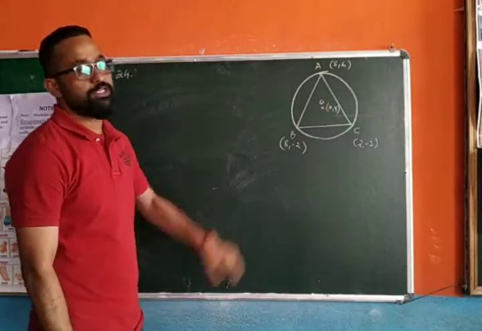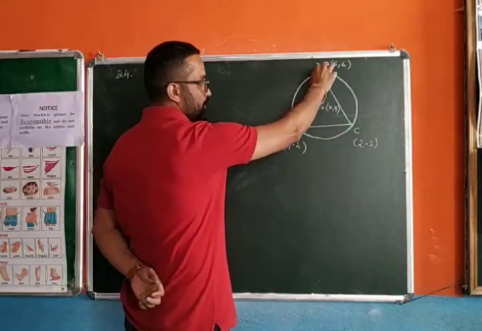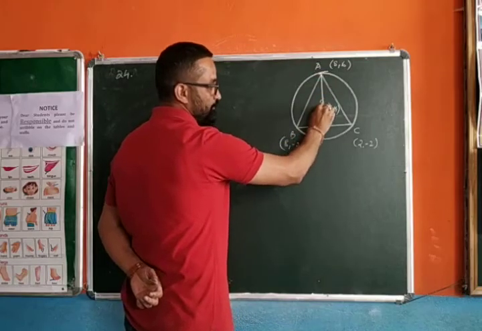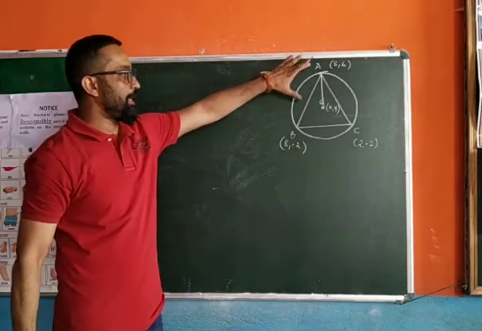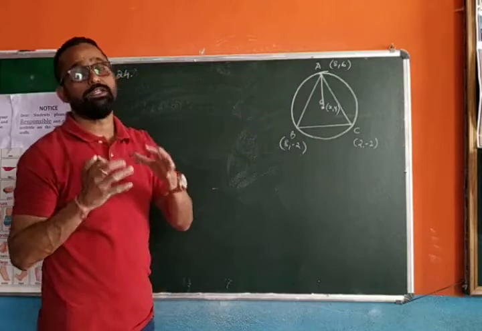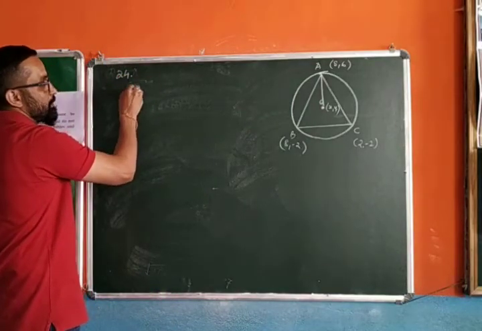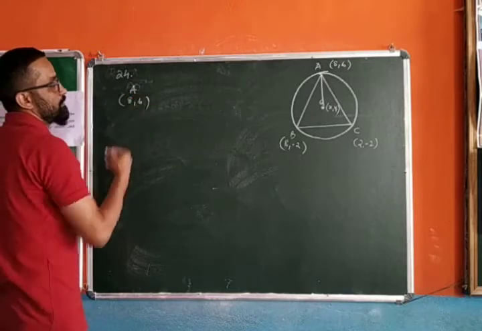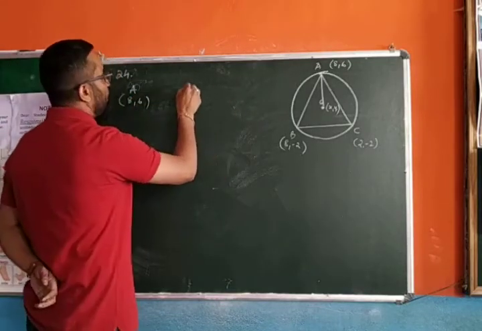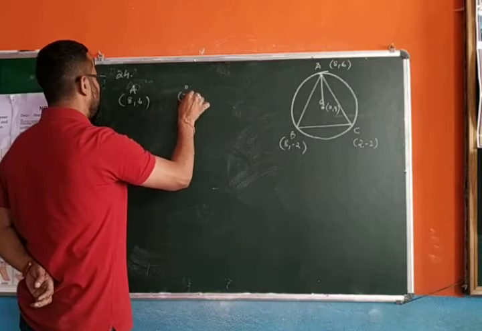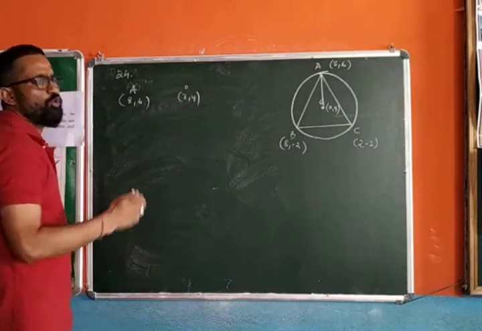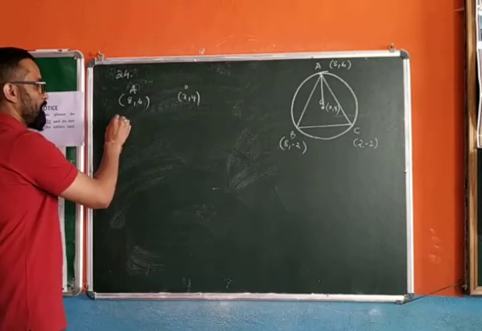Once you do this, the radius of the circle is always equal. So we use A and O to calculate the distance AO. A has coordinate (8, 6), and O has coordinate (x, y). Use the distance formula.